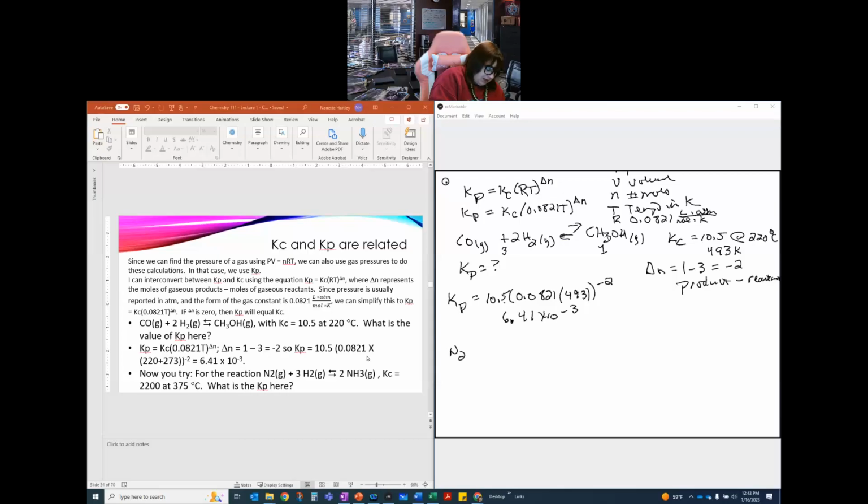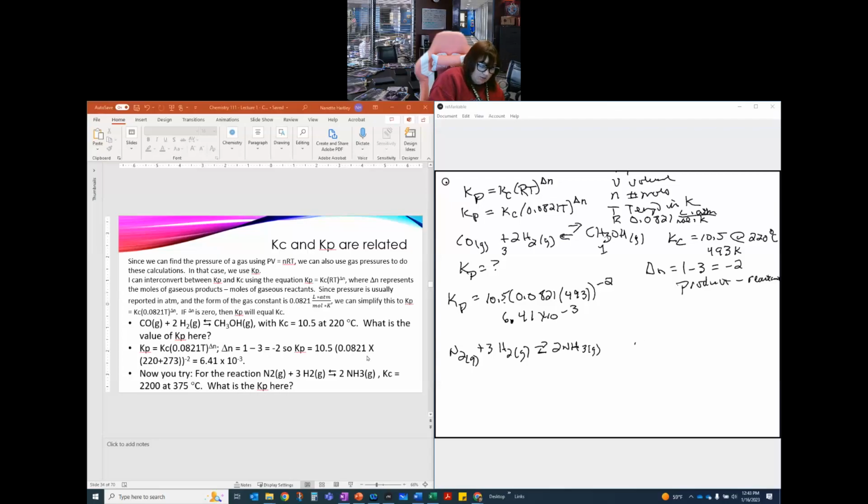So this is N2 plus 3H2 gas. That's a gas. 2NH3 is my product. That's a gas as well.